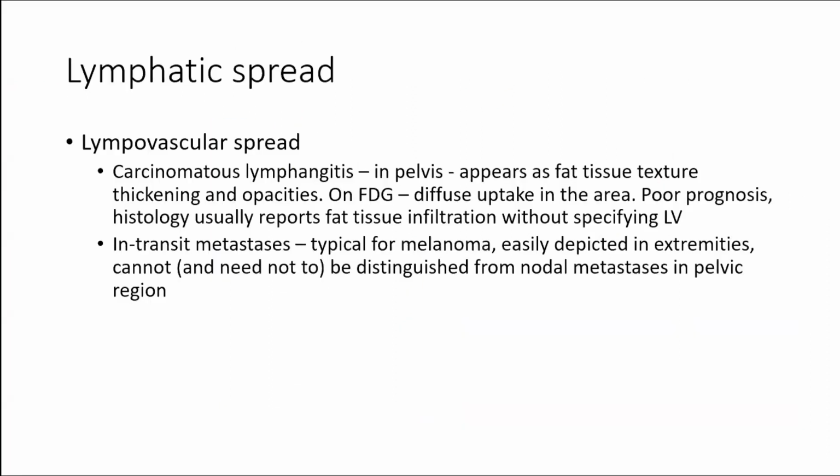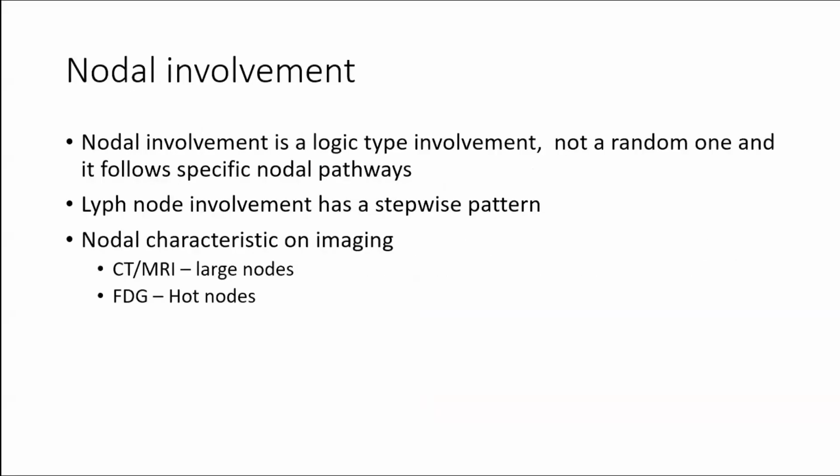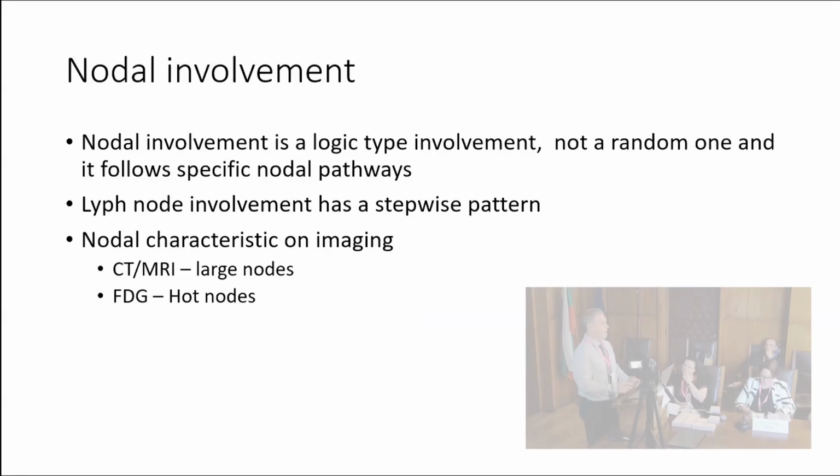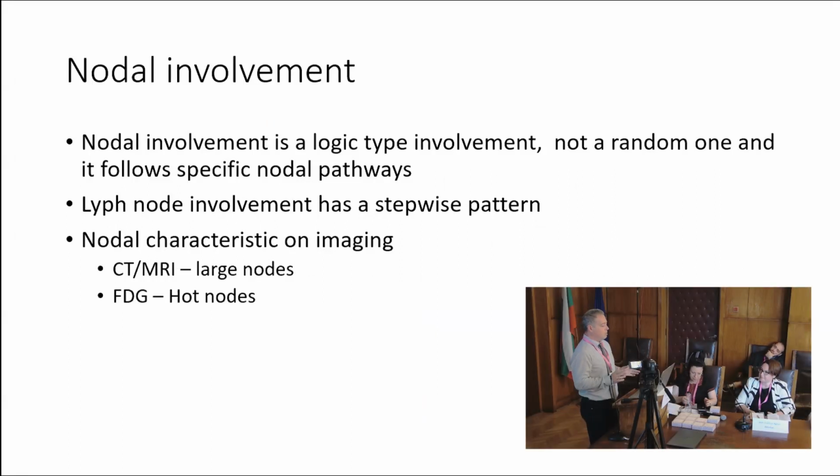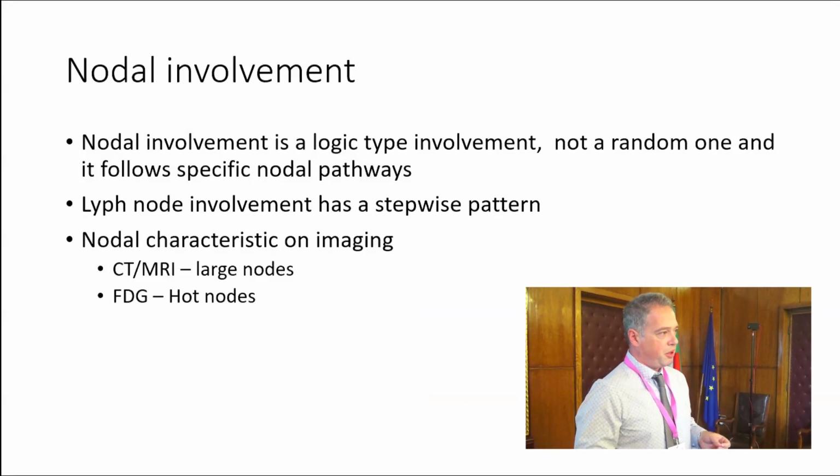Lymphatic spread, as I said, could be lymphovascular, which is not interesting in gynecological cancers, or lymphonodular, which is interesting. We have to be aware nodal involvement is a very logical type of involvement. I mean, if you report a lymph node somewhere around the body, you should explain how it reached there.